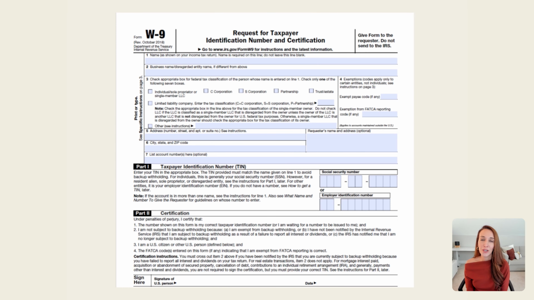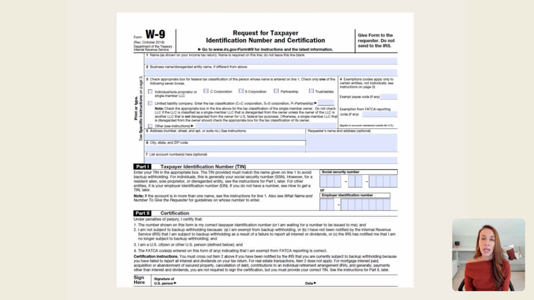The form asks for information such as name, business name, federal tax classification, address, social security number, or federal tax ID. Now, the section here that covers federal tax classification is really one of the most important pieces of this form for business owners because it helps determine whether or not that 1099 is going to be needed at the end of the year.